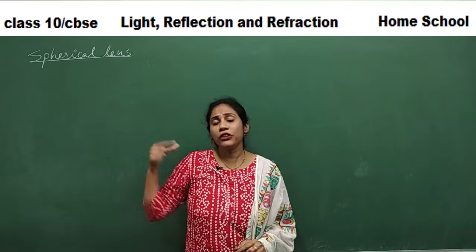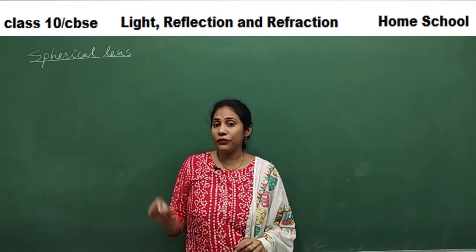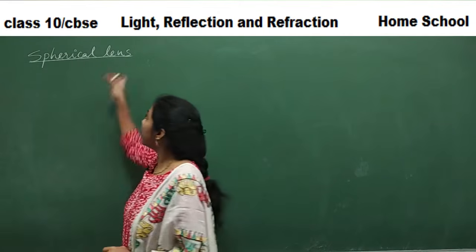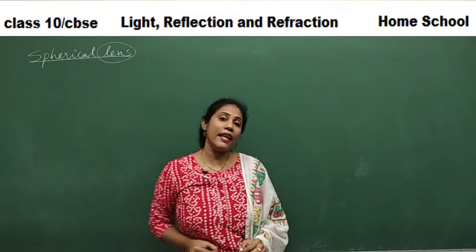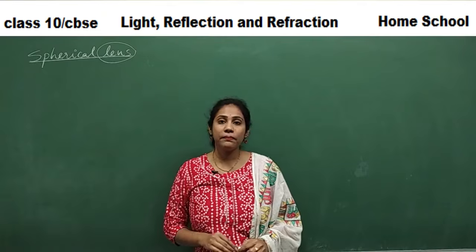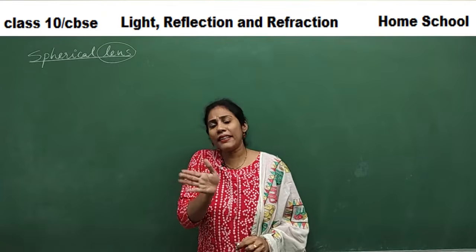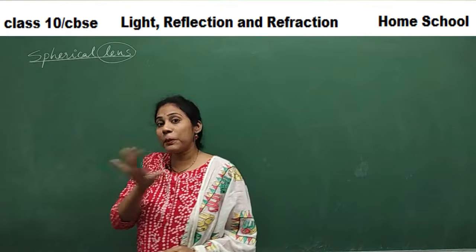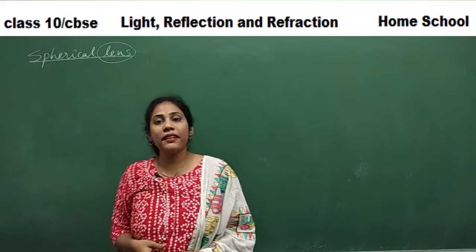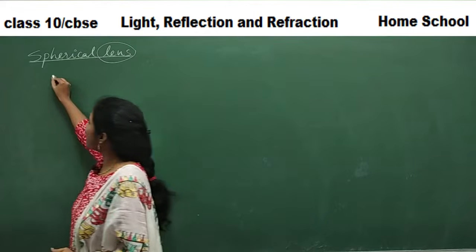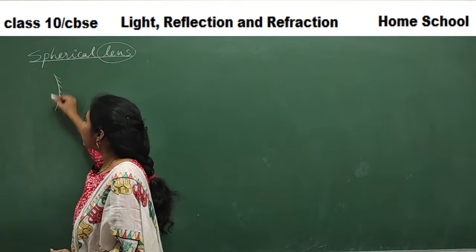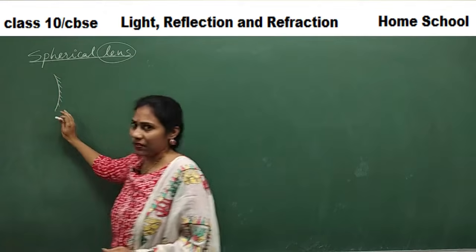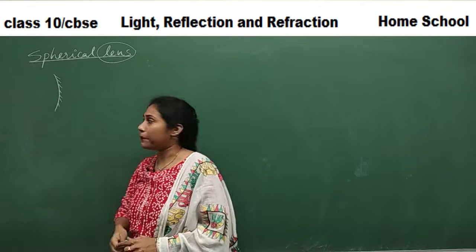Before going to them, let us find out what we mean by a lens. If I ask you what a lens is, what is your answer? Before that, let me revise mirrors. What is a mirror, guys? A mirror is something where one side is polished and the other side is free. I am talking about a spherical mirror.